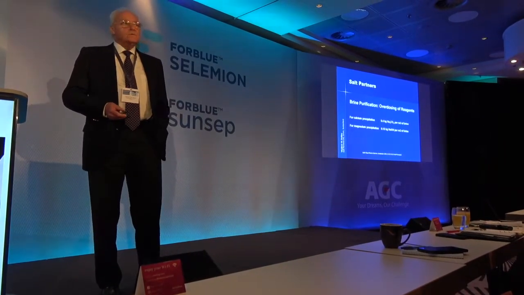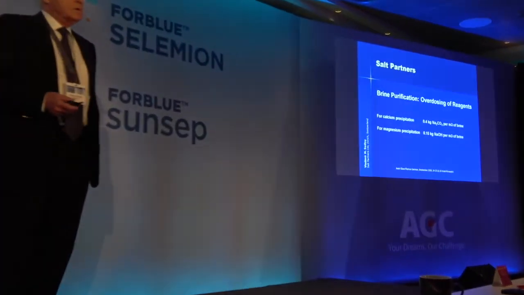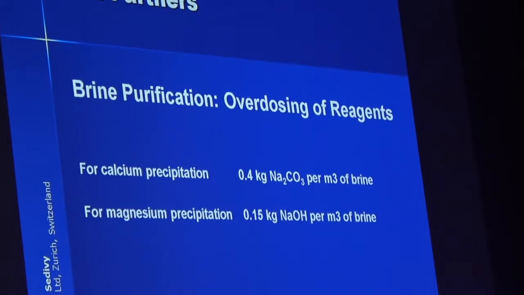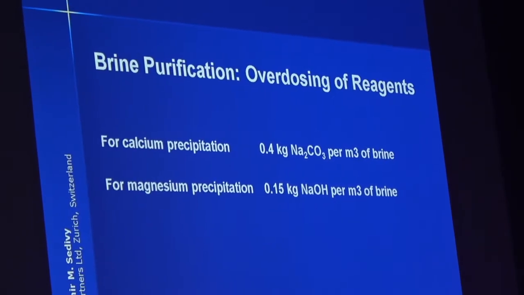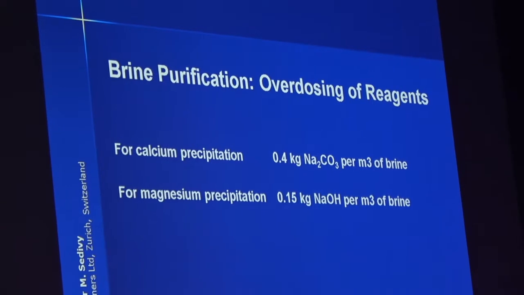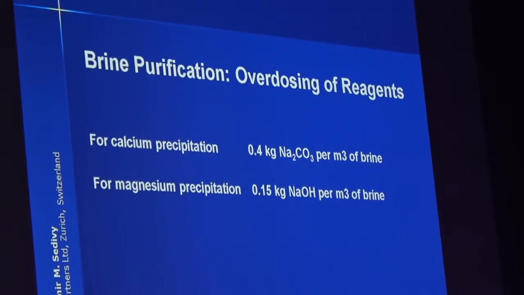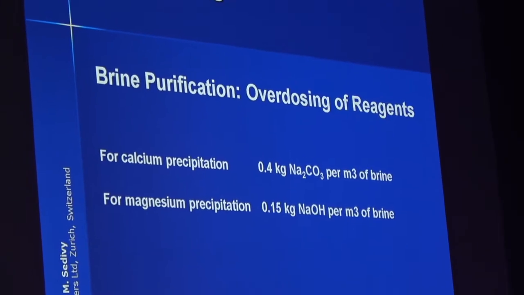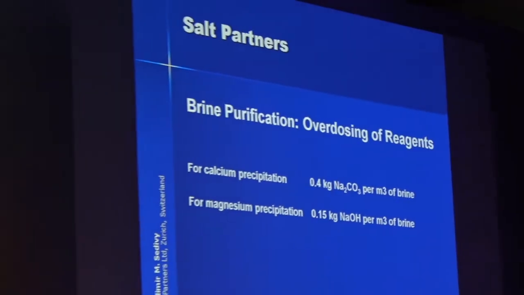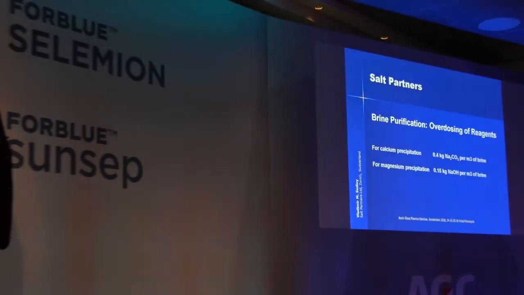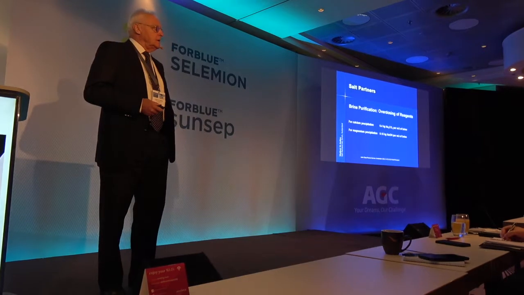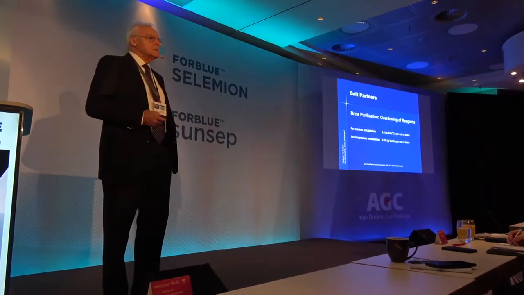Then we have the overdosing of reagents. Now this is a very important point. We have to overdose the soda at approximately 0.4 gram per liter, and 0.15 gram per liter of caustic. The overdoses have to produce a pH value of about 10 or 11, and this is required to actually precipitate the impurities together.